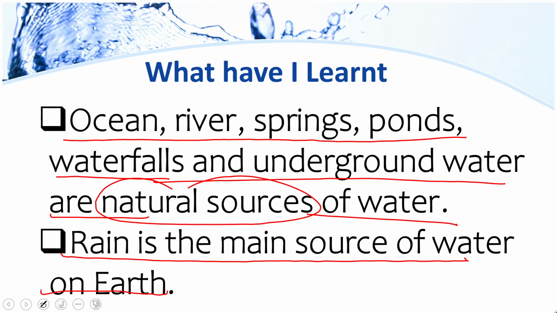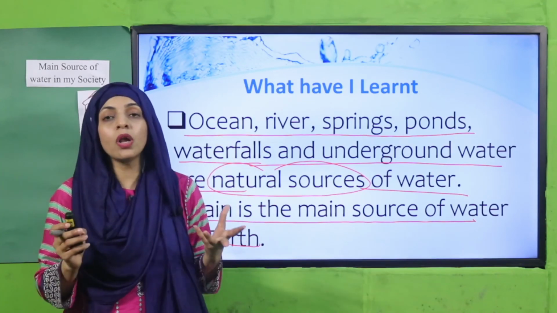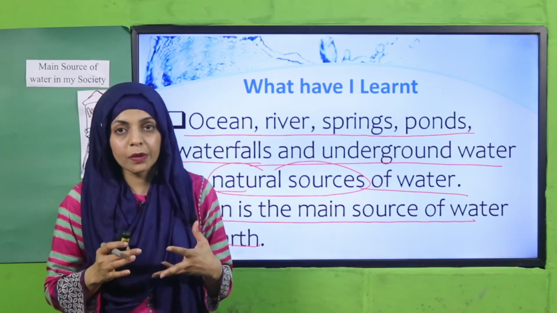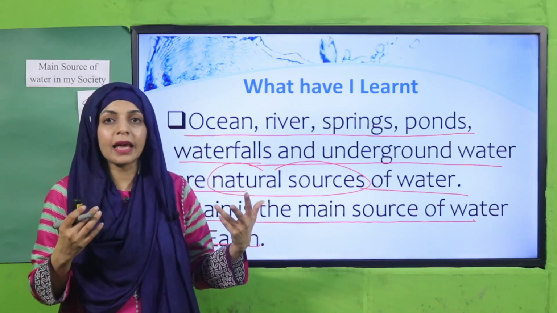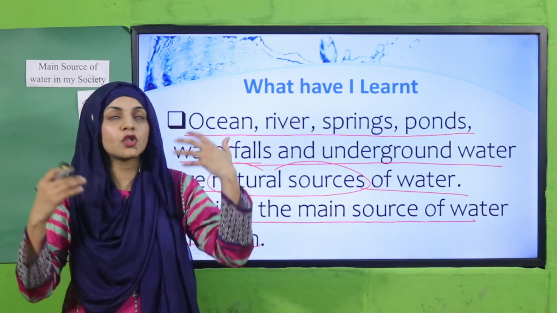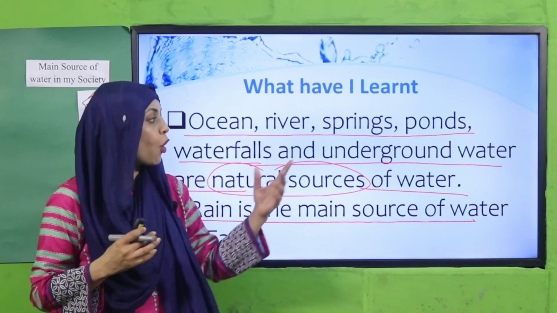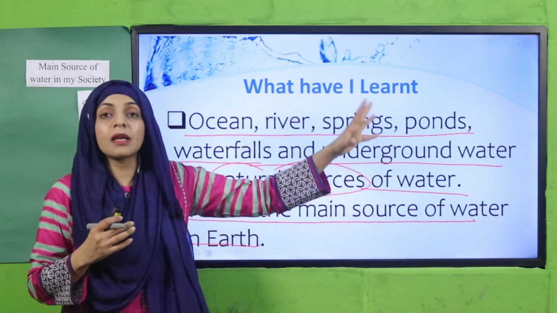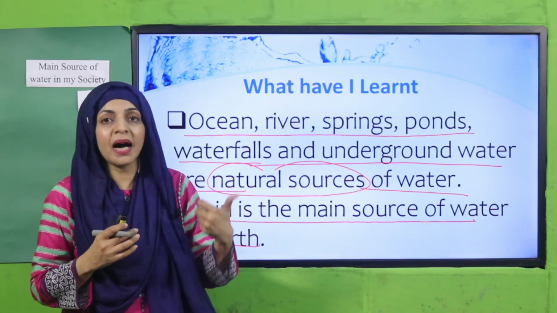So my dear students, आज हमने सीखा कि ocean, seas, rivers, streams, lakes, springs, these are all natural resources of water. और ज़मीन के ऊपर ये जो sources हैं ये कहाँ से आ जाते हैं? इनके ocean, seas और rivers, इनका basic जरिया ये है कि जो आसमान से बारिश बरसती है, that is the main source of all these resources. इन तमाम resources को बनाने का main जरिया बर्फ और बारिश है.